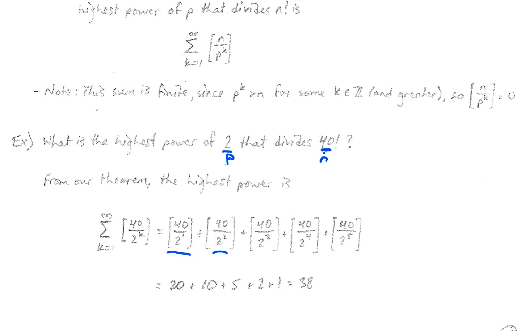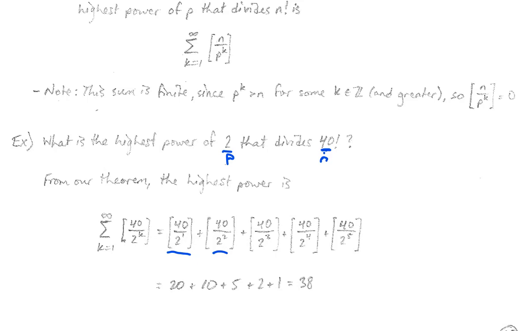To do that, think of what 40 over 2 squared is. 40 over 2 squared is 10. If you're getting a number that is greater than 1, then you have to go on one more term, and you have to raise the power on your prime by 1. Once you start getting terms where what's inside of your square brackets is less than 1, you can stop.